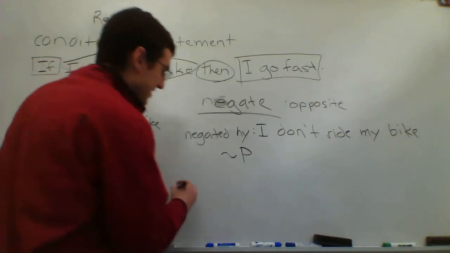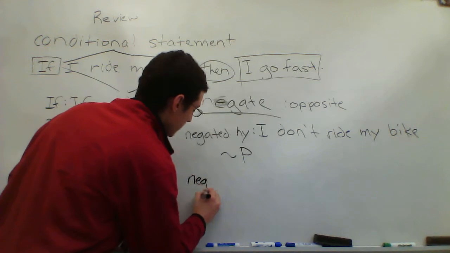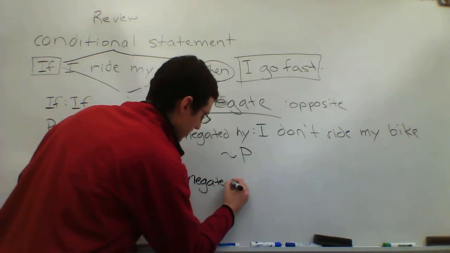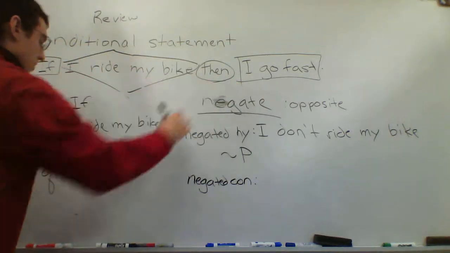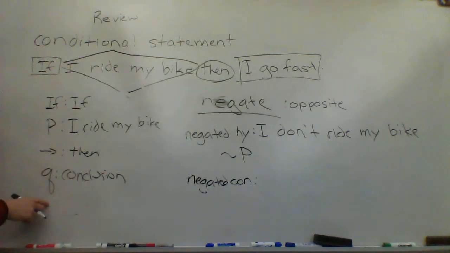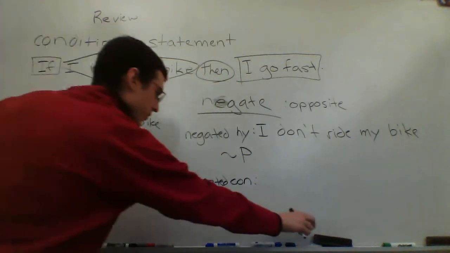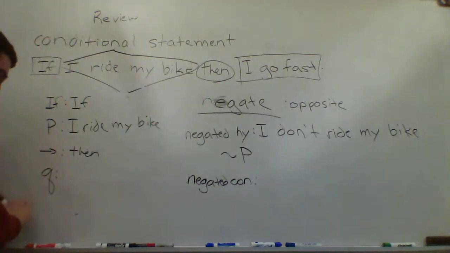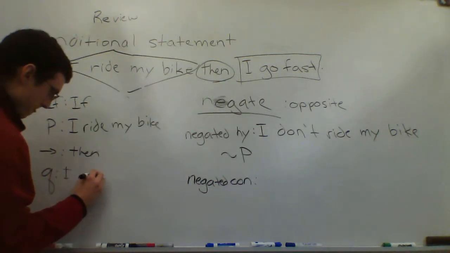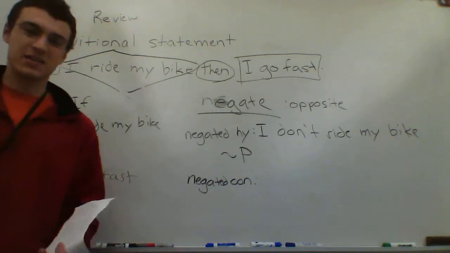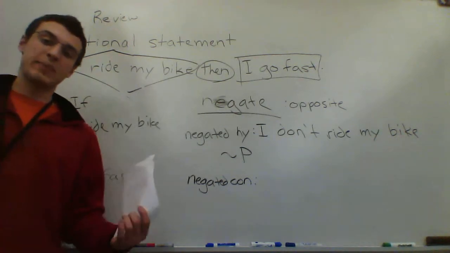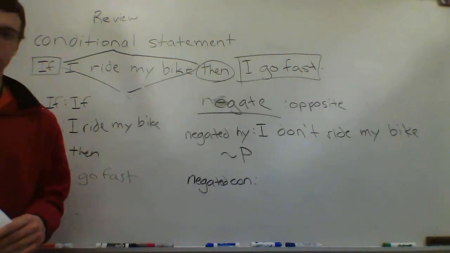Now, we're going to do the same thing for our conclusion, the negated conclusion. My conclusion is I go fast. Again, to negate is to make it the opposite. So what is the opposite of going fast?